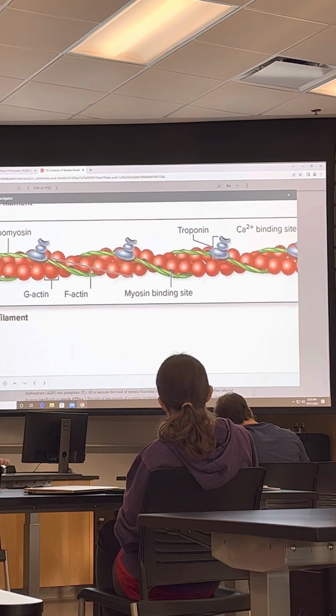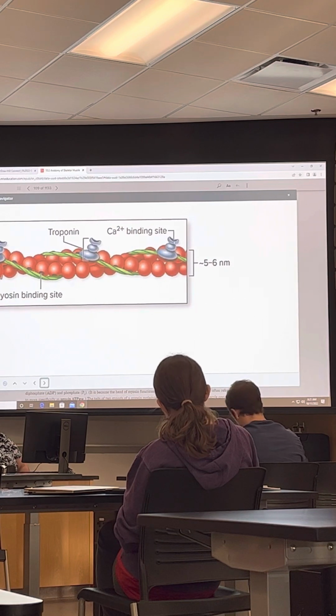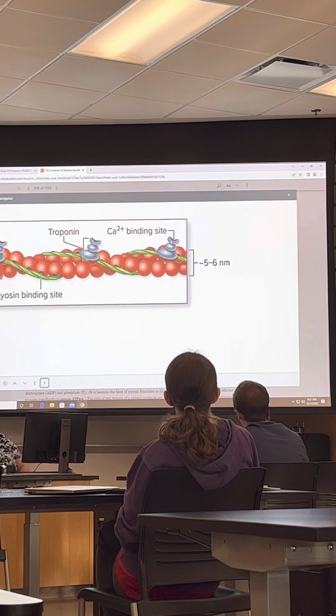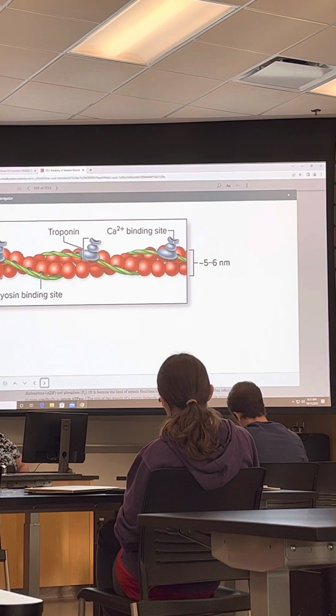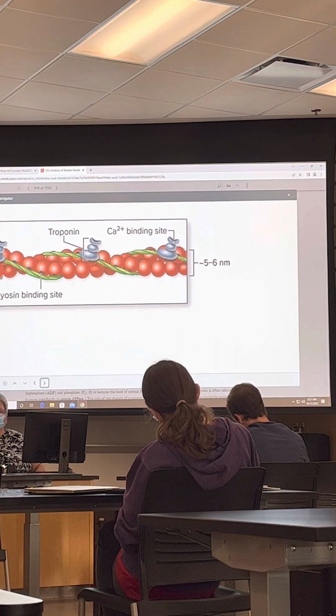So this is where troponin comes into play, because as we see here, on our troponin, there's a calcium binding site. When calcium binds to troponin, it will cause a structural change, right?